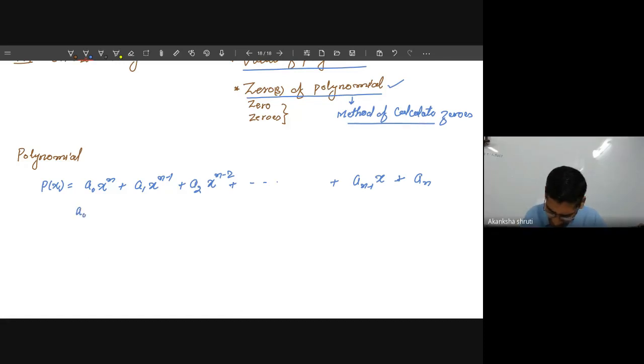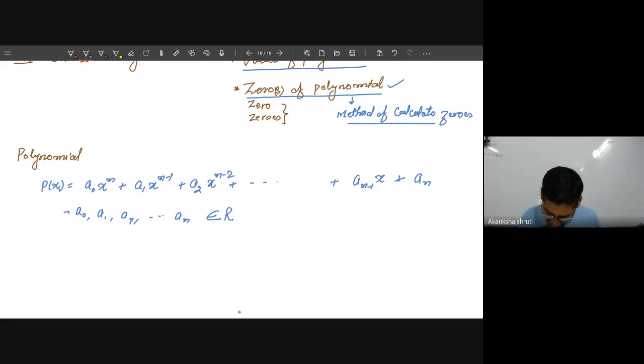We have also learned the conditions that these coefficients a1, a2, and so on, meaning all these coefficients and the constant term, must be real. This is the first condition.